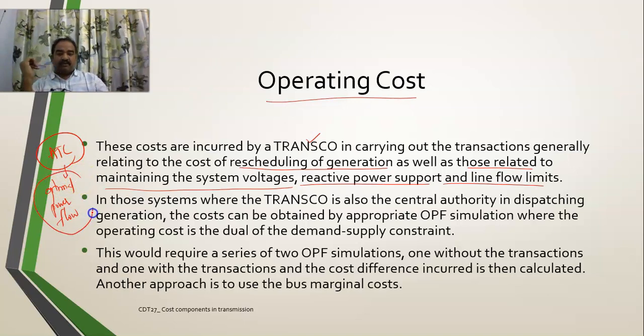They will do optimal power flow, and then they will check with ATC, and then they will finalize which transmission lines are supposed to carry this transmission of power. If it is not satisfied, they will again include some more constraints, and again they will perform the optimal power flow solution. So like this, it will be repeated until you get your desired solution.